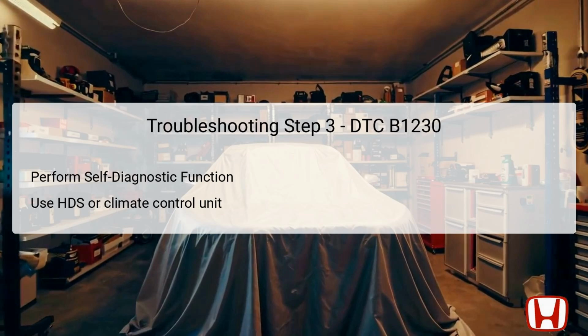If using the climate control unit directly, the technician should follow the incorporated procedures to initiate the diagnostics. This step is imperative for collecting diagnostic data and understanding what other issues may accompany DTC B1230. A thorough self-diagnostic function enables accurate follow-up steps for further troubleshooting.